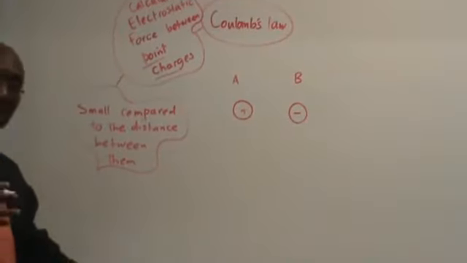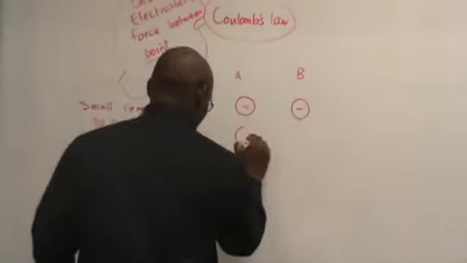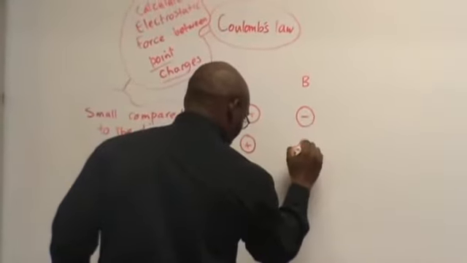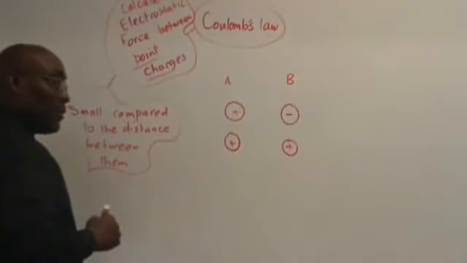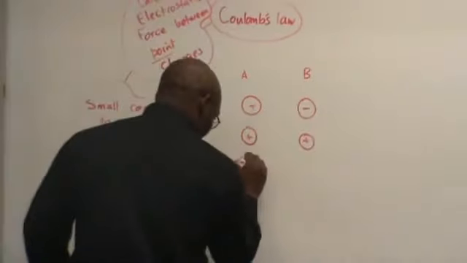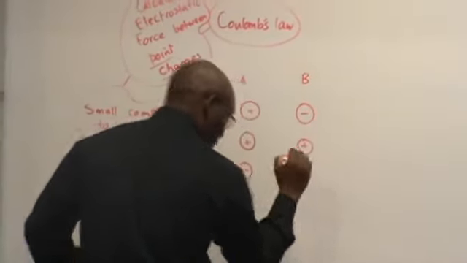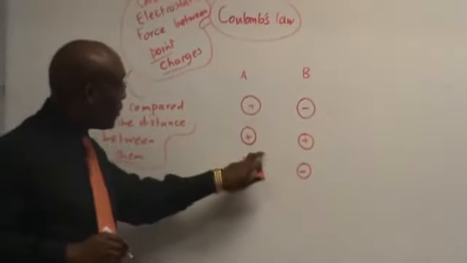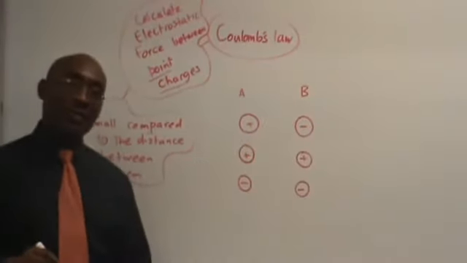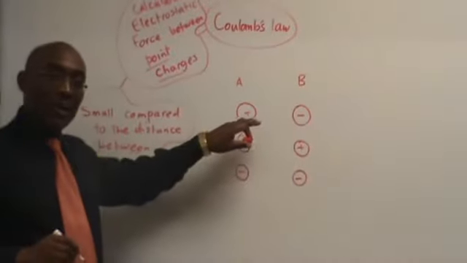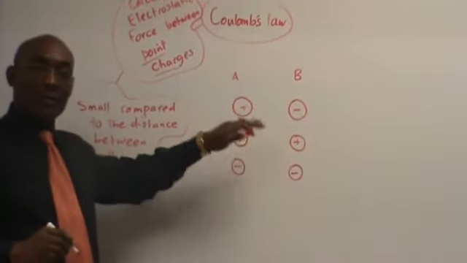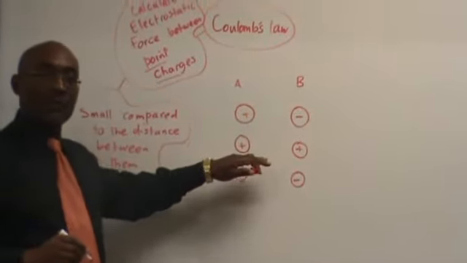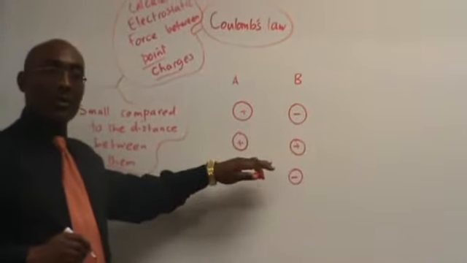That's the basics. When you put a positive close to a positive, they repel. When you put a negative close to a negative, they repel. So these two repel, but these two attract. Opposites attract, and when they have the same charges, they repel.